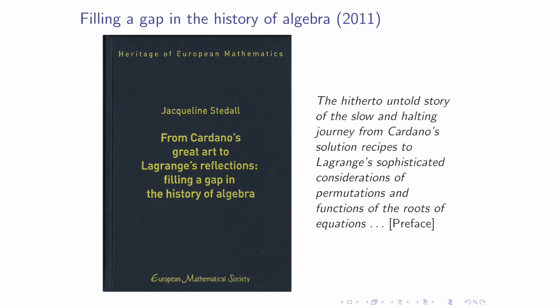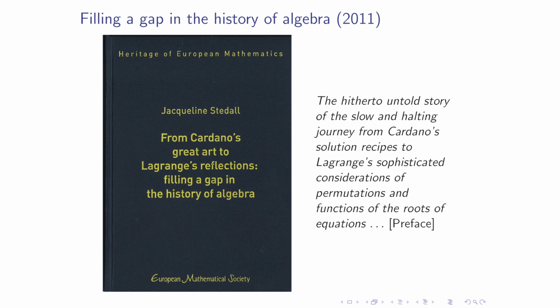This book by Jackie Stedall, From Cardano's Great Art to Lagrange's Reflections, fills that gap in the history of algebra. It has this nice description of itself in the preface: the hitherto untold story of the slow and halting journey from Cardano's solution recipes to Lagrange's sophisticated considerations of permutations and the functions of roots of equations, which is what we look at in the second half.